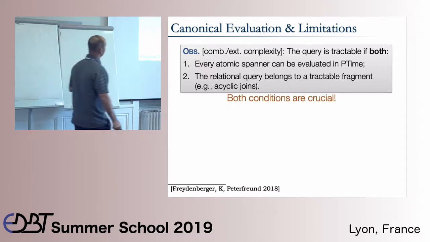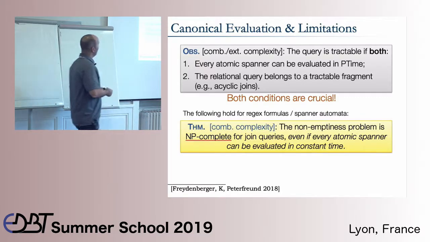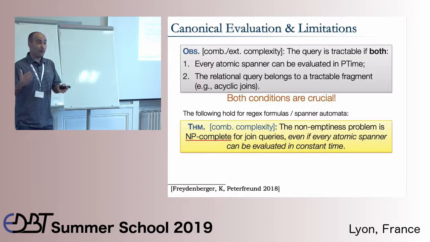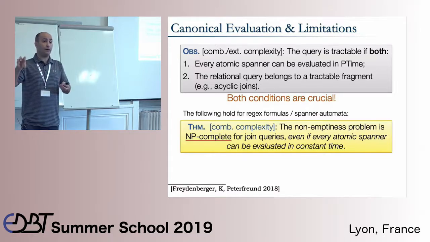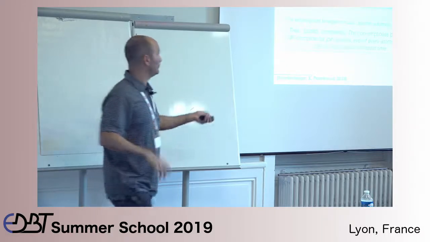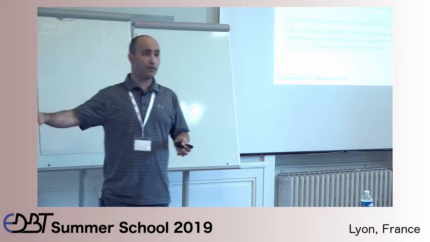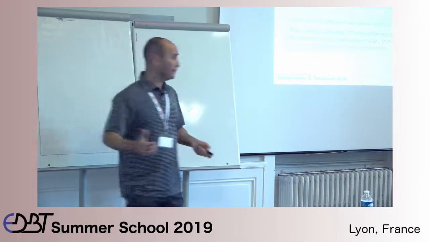And the interesting thing is that both of these conditions are crucial. In particular, it may be the case that each of the atomic spanners takes constant time to evaluate, but then the query is so complex that the entire problem is actually NP-complete. Okay, so if just the spanners are easy to compute, but the query is complex, the structured query, the relational query is complex, then you have a problem.